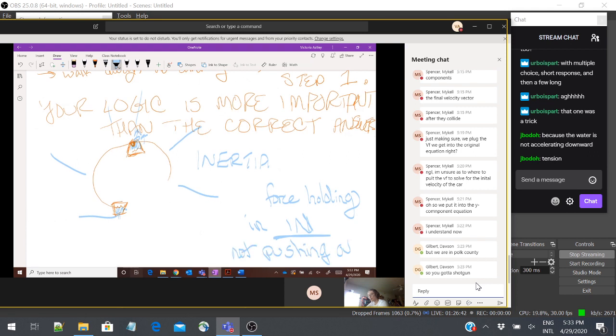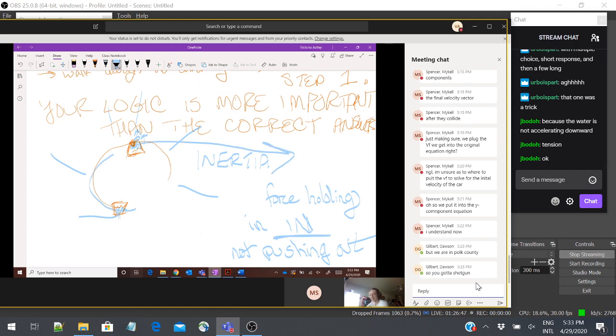The natural thing water wants to do is keep going in the same direction that it was going originally. If at any point I cut the rope, the whole bucket is just going to go in a straight line. Because there's a force sucking it that way? No, because things want to keep going in the direction they're going, and the force is what's keeping it in. Without that force, it's just going to go whoosh. It's a really tough one, and everybody got it wrong, so it's a tricky one.